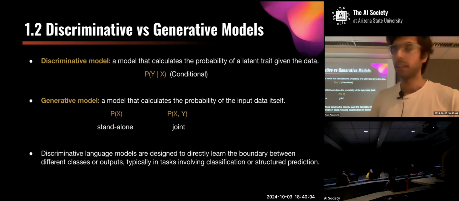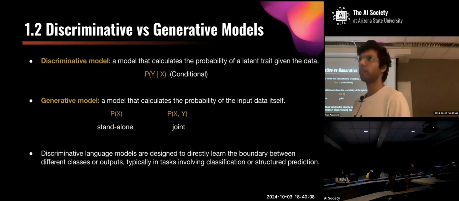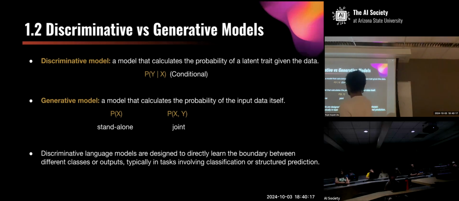Generally, there are two types of models, not only language models: discriminative models and generative models. A discriminative model calculates the probability based on certain given data. For example, you must have seen or heard of classification problems, sentiment analysis, or sequence labeling.